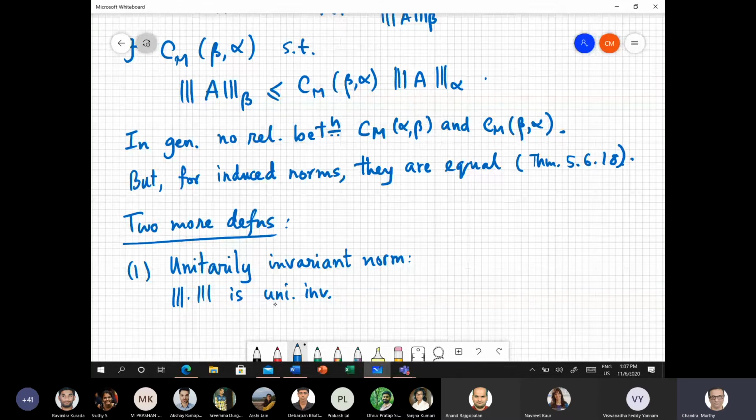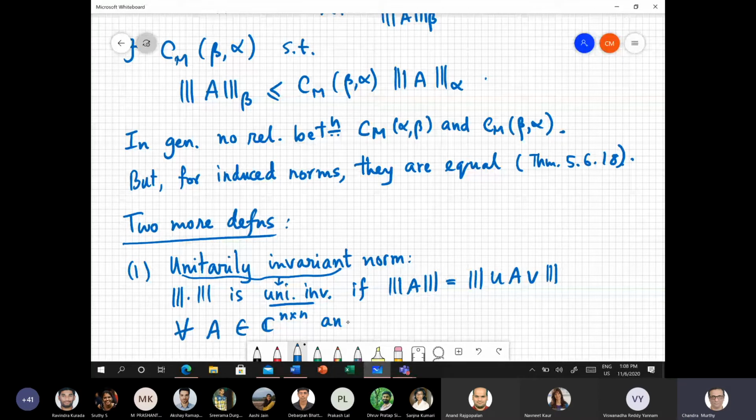I'll write this in short here. This is the same as this statement here. If norm of A equals norm of UAV for every A belonging to C to the n cross n, and for all unitary U and V in C to the n cross n.